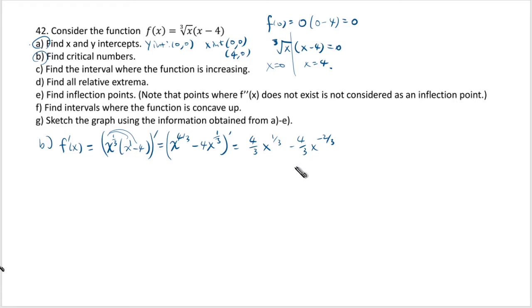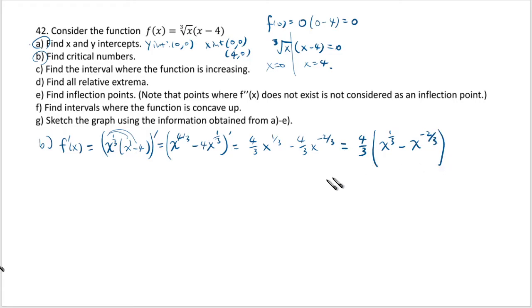Okay, now we're looking for critical numbers, and critical numbers are points where f prime is 0 or it does not exist. We already see that 0 is a point where f prime does not exist because that's a fraction. To see that more clearly, let's factor the 4/3 out. You see, when you have to find critical numbers, simplifying your answer is a must.